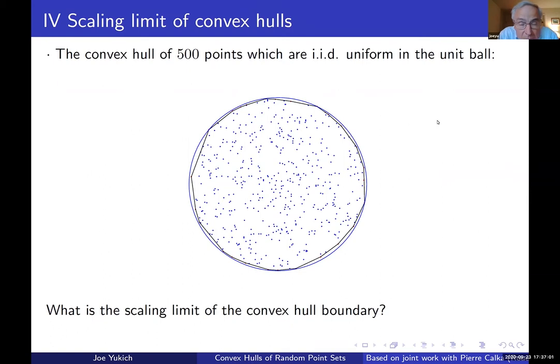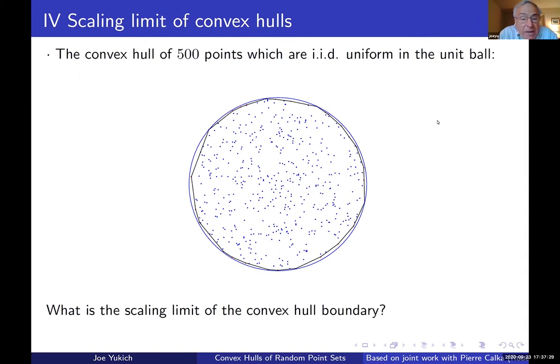This is too simple, and we're not interested in understanding the rate of convergence of the boundary of the convex hull to the sphere. We're not interested in this, although it could be understood by our techniques, but we're interested in the following question. If we rescale the boundary in a certain way, do we get a limit object?